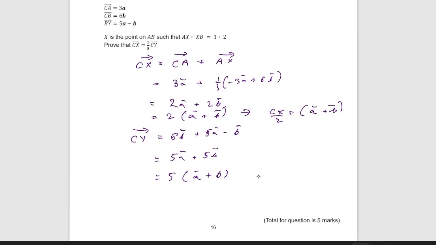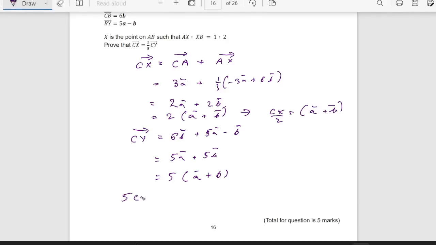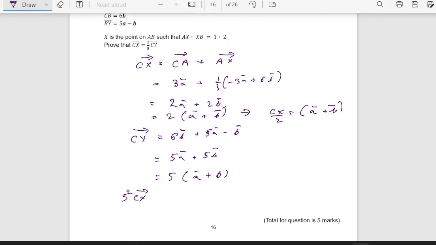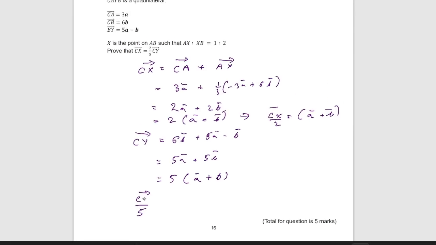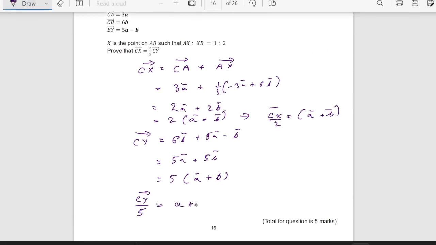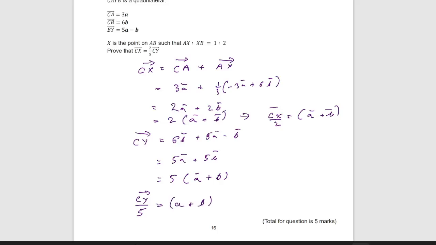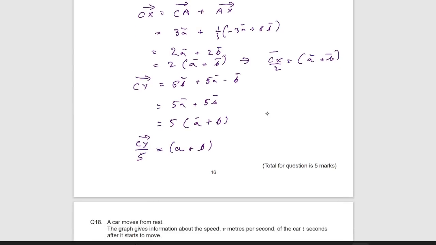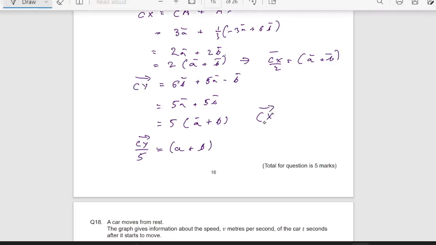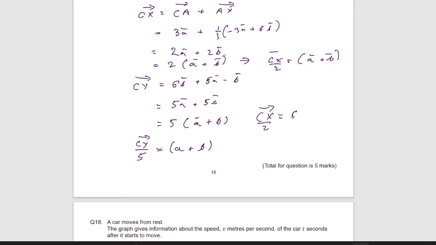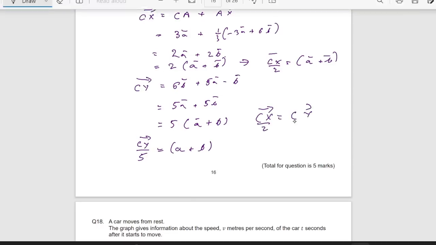And then this is going to say that CX over 5, CY over 5 is going to be equal to A plus B. We can then put them equal to each other, so we can say that CX over 2 is going to be equal to CY over 5.